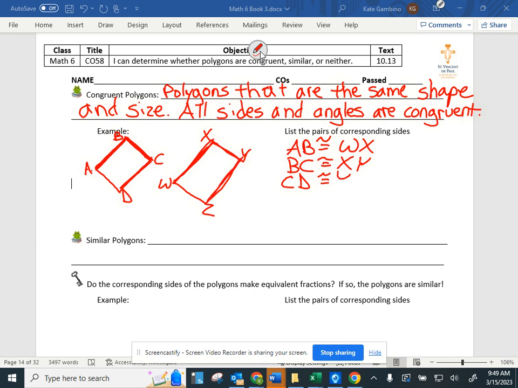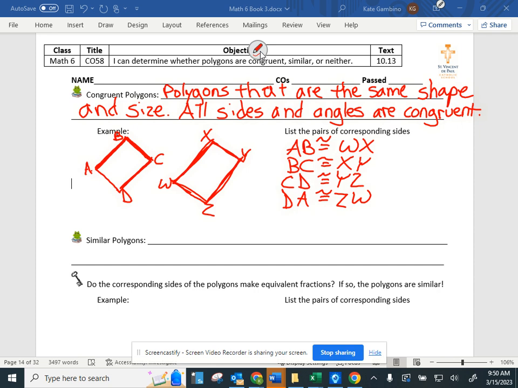So CD is congruent with YZ, and that leaves DA is congruent with which one? ZW. So if I said WZ, ZW, it's the same segment. It can go either way. So those are our corresponding sides.